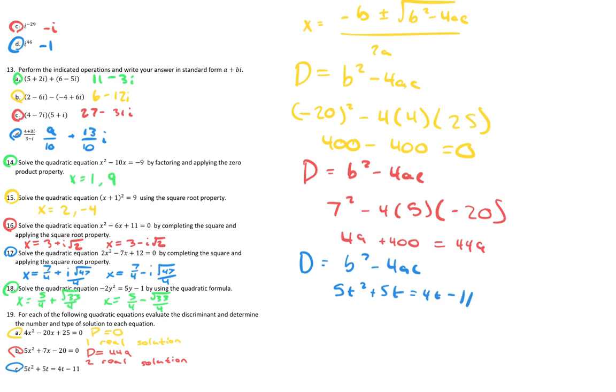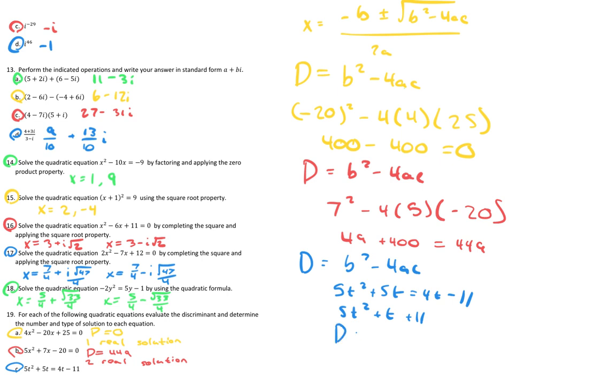So this only works if we get this equal to 0, because it's just from the quadratic equation. And the quadratic equation works whenever we have a quadratic equal to 0. So from here, if we move everything to one side, we have 5t squared plus t plus 11. So that means that a is equal to 5, b equals 1, and c equals 11.